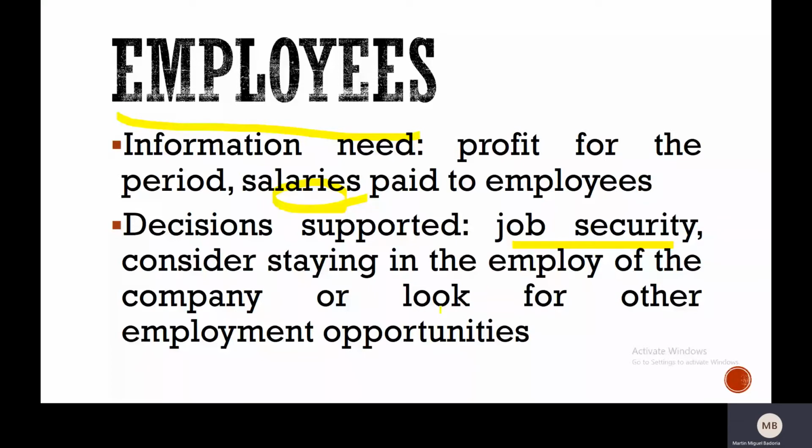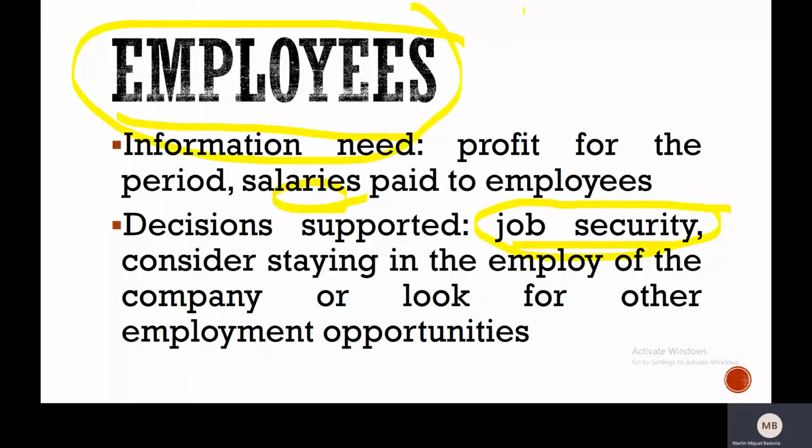So this is the main reason why dapat aware din si employees sa financial standing ni company. Because kung hindi nila alam ang financial standing ni company, there is a big tendency na malugi siya. Kapag malugi ang business, of course, mawawalan sila ng trabaho, sa job, sa employment.